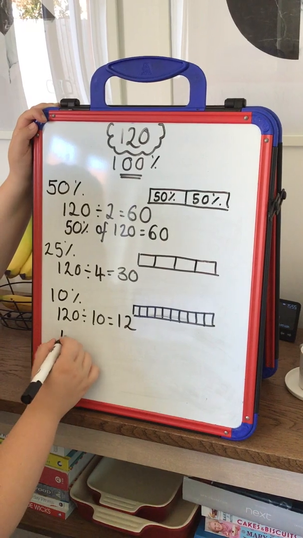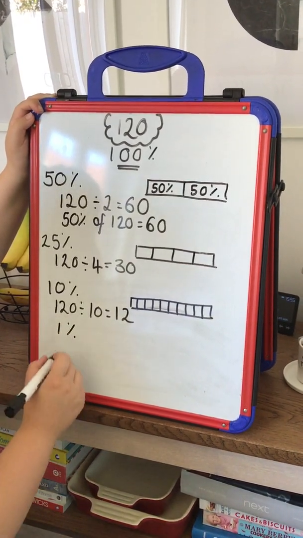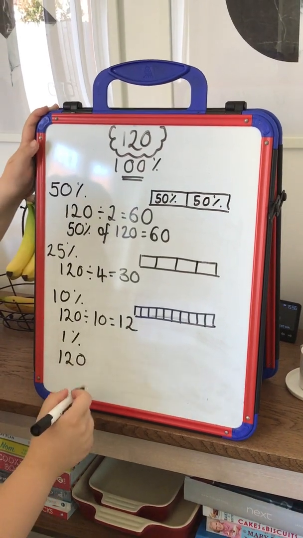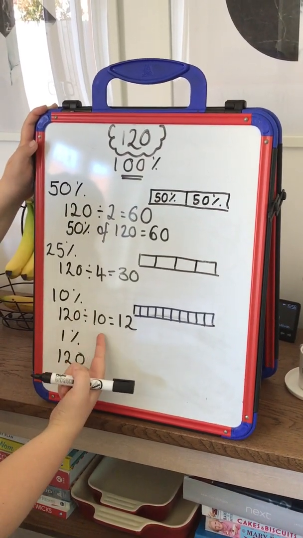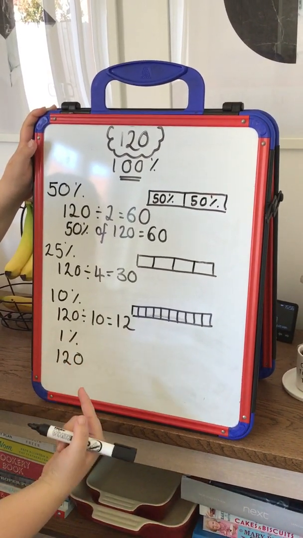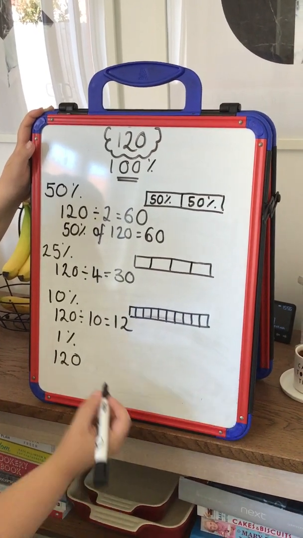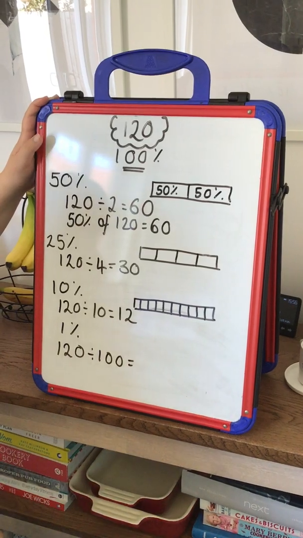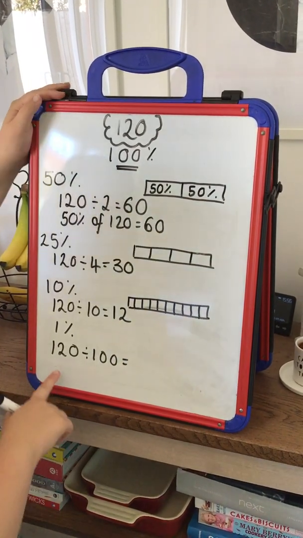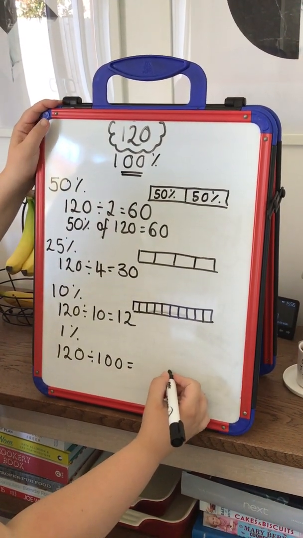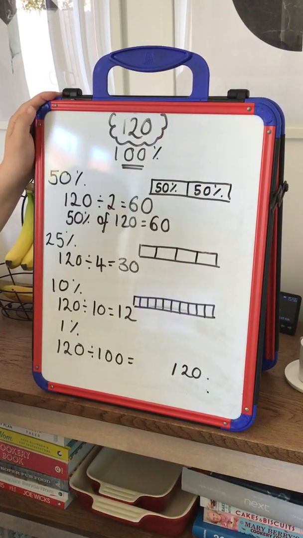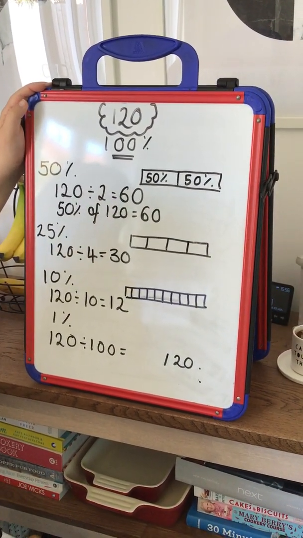Now, finally, the last one you'll need is 1%. And for this one, I'm not going to draw the bar because that will take me a long time, but if I know 10%, I will need to divide by 10. 1%, how many ones go into 100? Well, there's 100, so for this one, I'll divide by 100. Now here, might stump some of you. This one you'll need to go into decimals. If you need help with this, use your dividing by 100 model using a place value grid or your squares in your book.